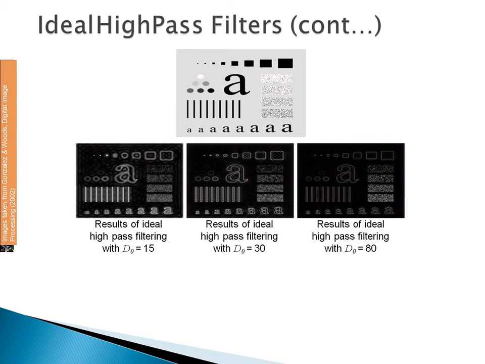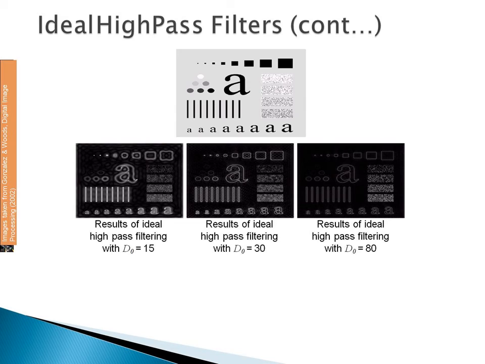The ideal high pass filter is used for removing the confusions. You can see the filtering is becoming better, but it is going to allow only the high pass values, where D0 is the cutoff frequency and D of uv is the distance from the center of the Fourier rectangle.